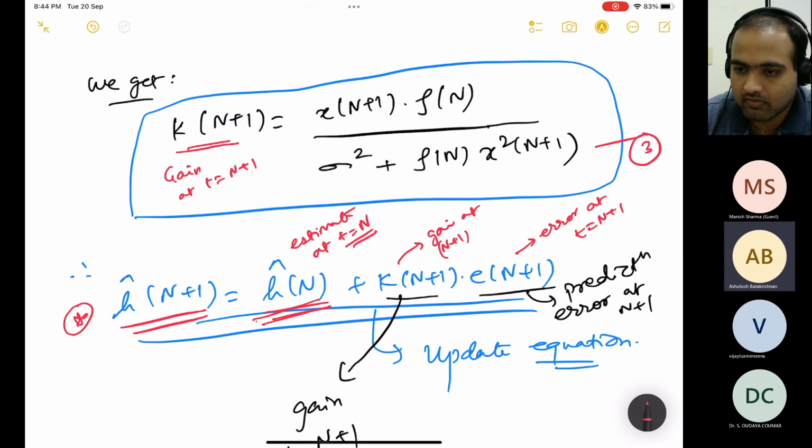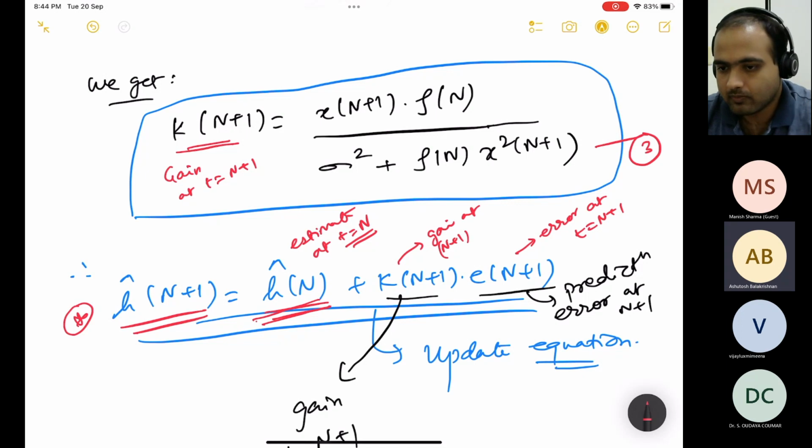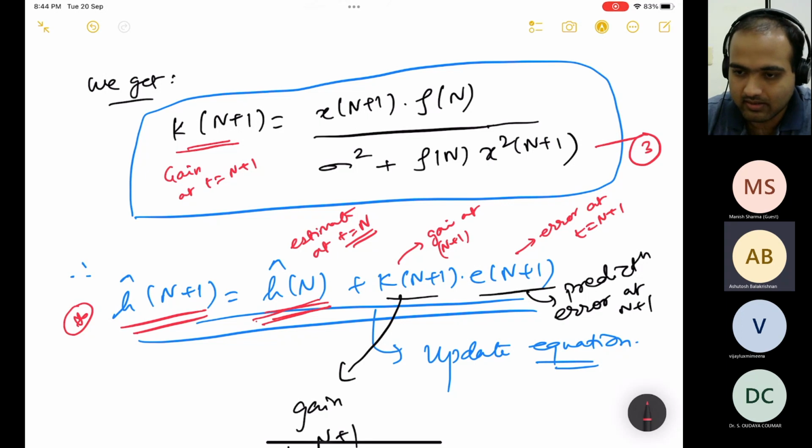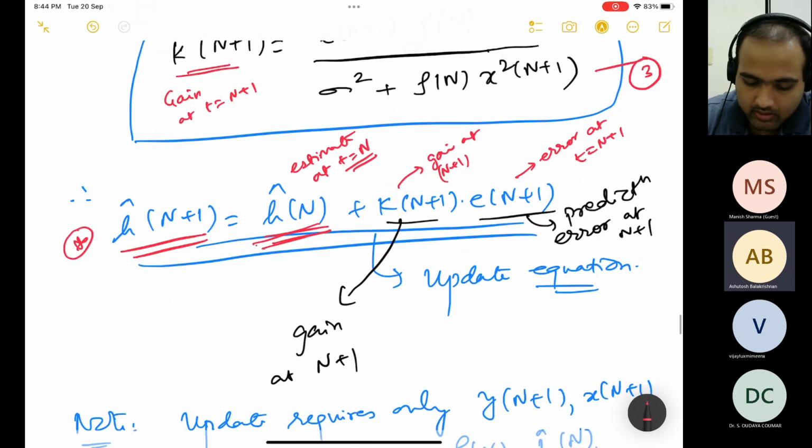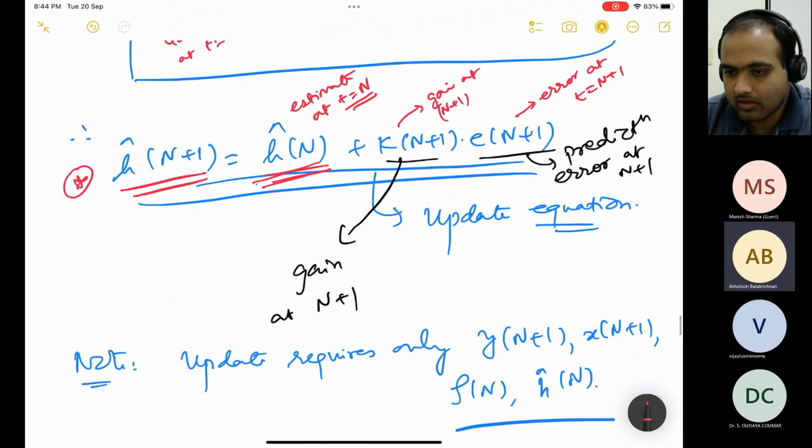So we are simplifying the computation, and that is why this is a sequential update equation. We just keep track of the previous estimate of h hat and use it to compute the next estimate. It is like storing an intermediate value.